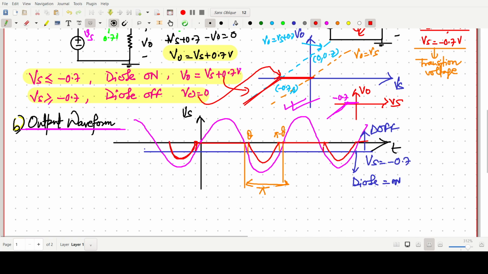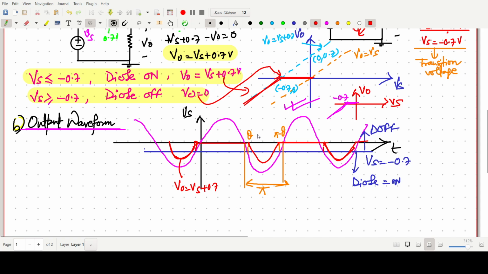This value will be V naught equals Vs plus 0.7. For the below portion it will be the same as before. So this is the output response. It is very clear from this curve, and this angle will be theta because this one is Vs plus 0.7.